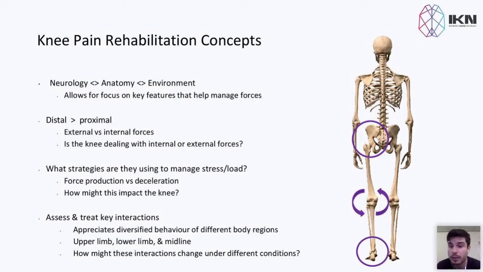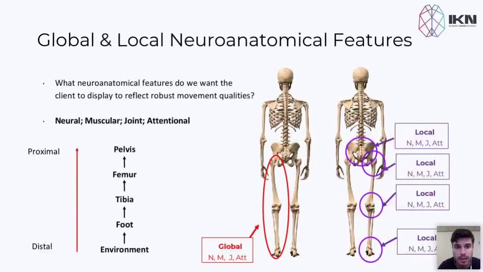But if you're just walking down the street at a moderate pace, you probably don't want a huge amount of concentric activity in your quadriceps, right? Because that's a strategy that doesn't match the dynamics of the task, and that can potentially influence our ability to share forces and share stress across that lower limb. Okay, and this will become much easier to understand as we move into the next few slides.